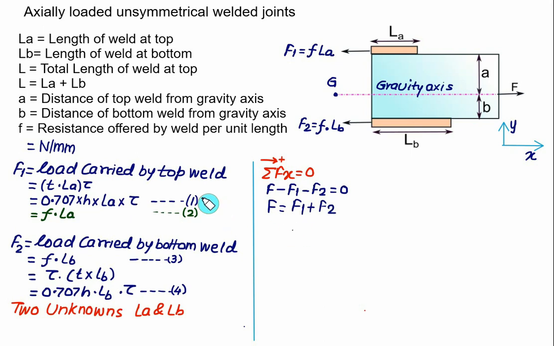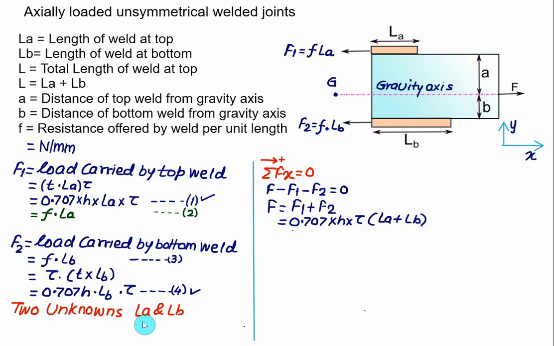This time we'll use equation 1 and equation 4 to calculate the total length LA plus LB. In both equation 1 and 4, 0.707 multiplied by H multiplied by tau is common. So we have F is equal to 0.707 multiplied by H multiplied by tau, and then the sum of LA plus LB.